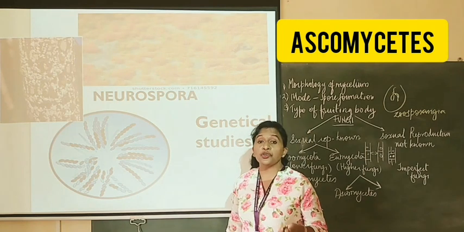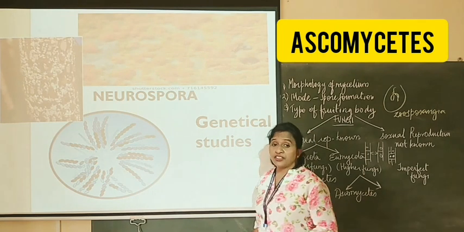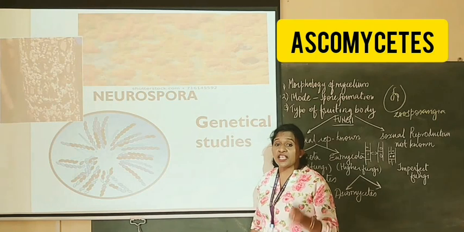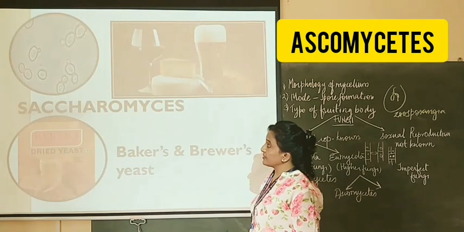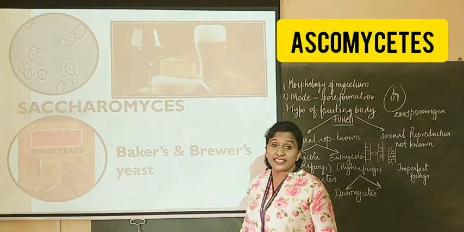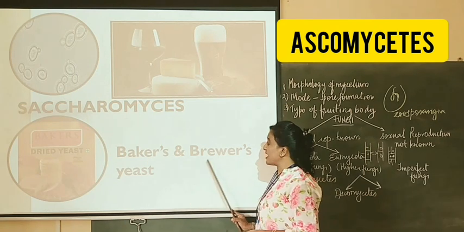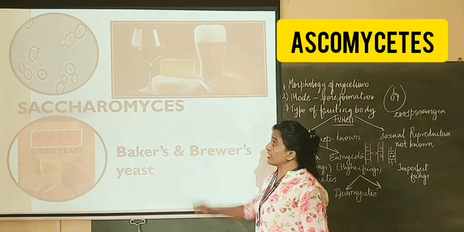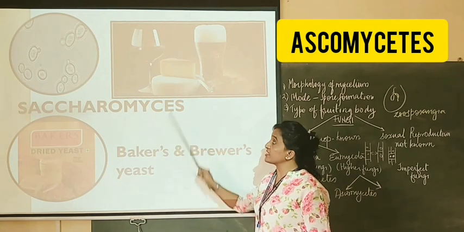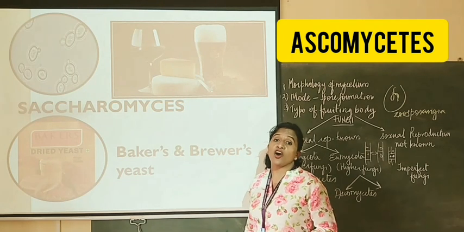Then there is Neurospora, which is used for genetical studies. Saccharomyces, that is the yeast, also called baker's and brewer's yeast, is useful for bread making as well as alcoholic beverages.